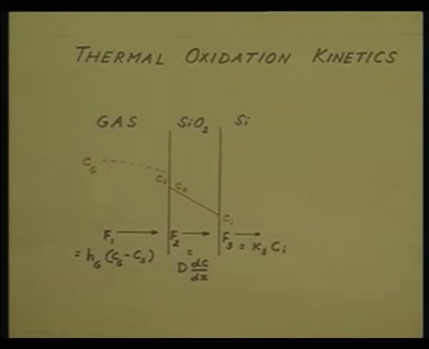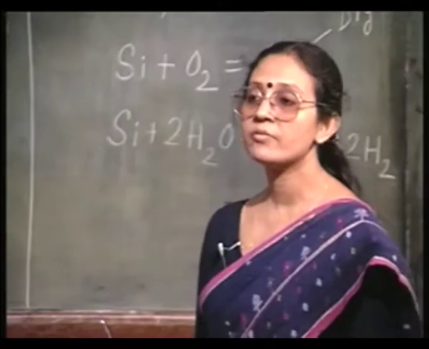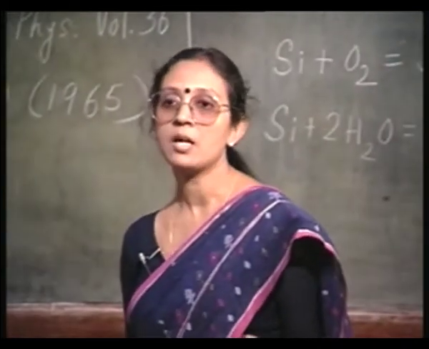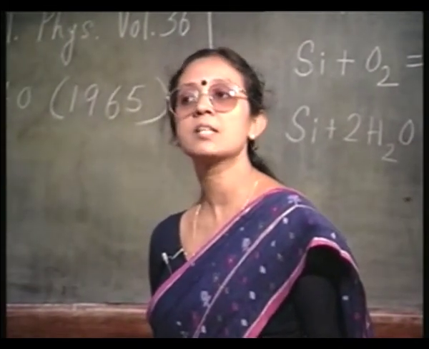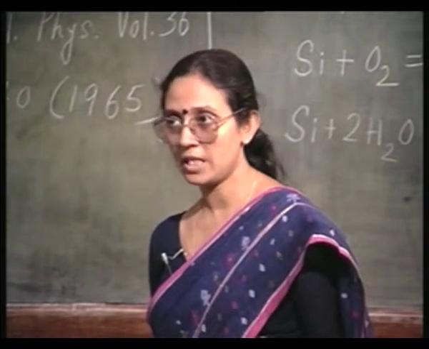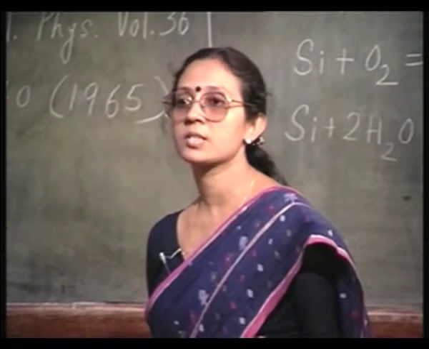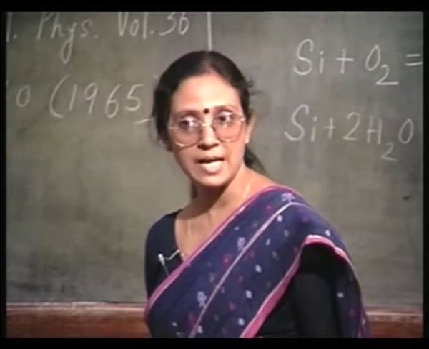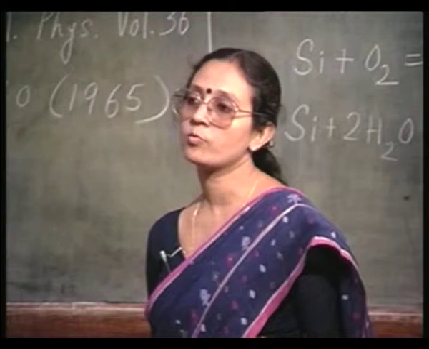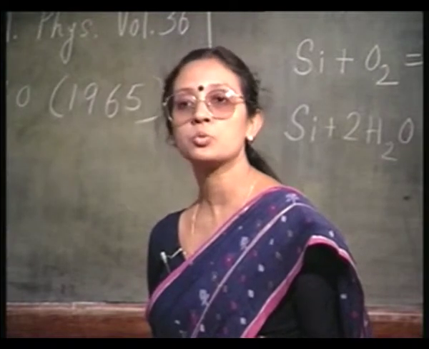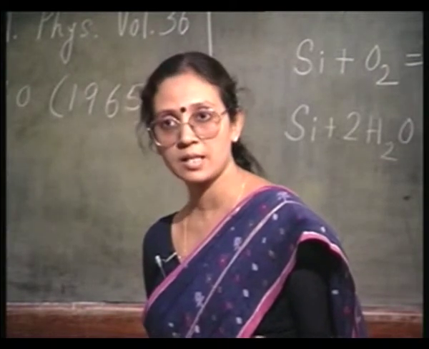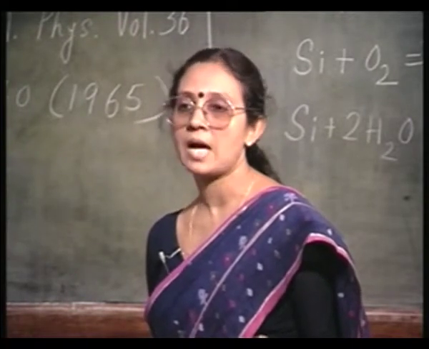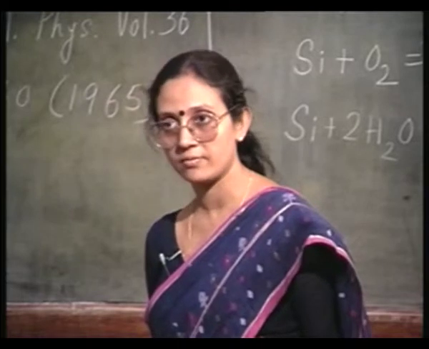So, I have the movement of oxidizing species governed by these 3 phenomena. One is the movement of the oxidizing species from the gas stream to the oxide gas interface, then the movement of the oxidizing species through the existing silicon dioxide layer, and then finally the reaction of the oxidizing species at the silicon dioxide interface.